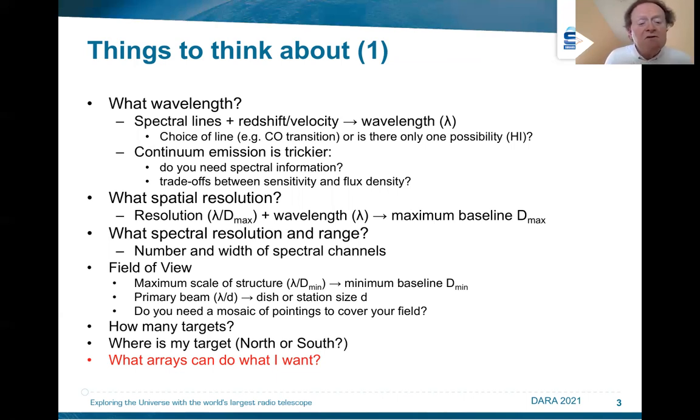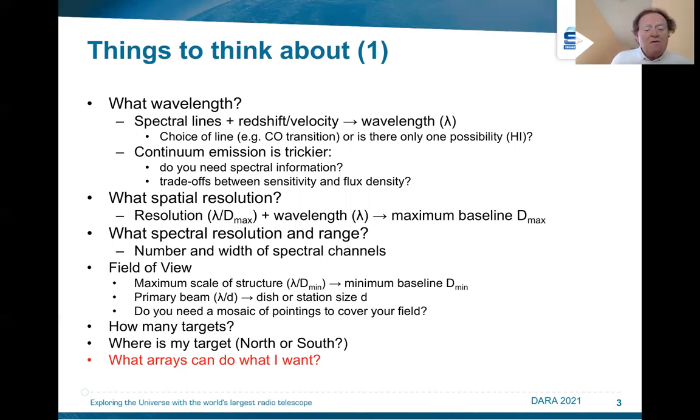There's a simple relation, which I'm sure you've heard about, which relates the resolution that you get in radians to the wavelength of observation and the maximum baseline of the interferometer. The resolution is just lambda over d max. That then tells you the size of the telescope that you need to use, whether you're dealing with a compact array or something really large, like a VLBI array, which is the size of the planet.